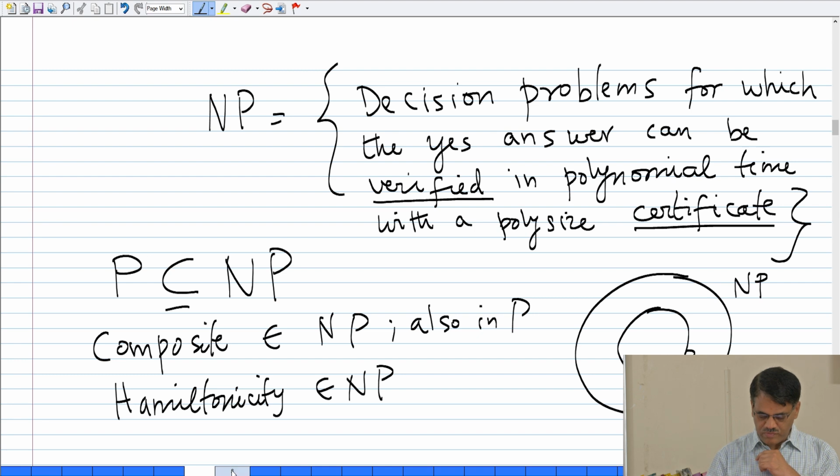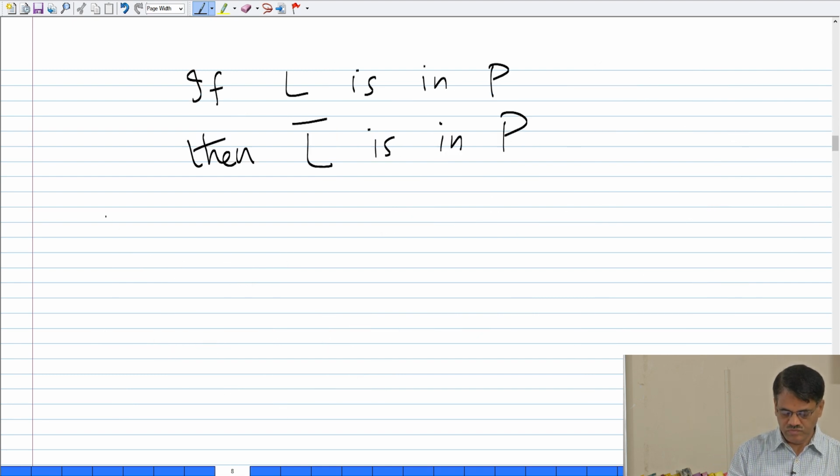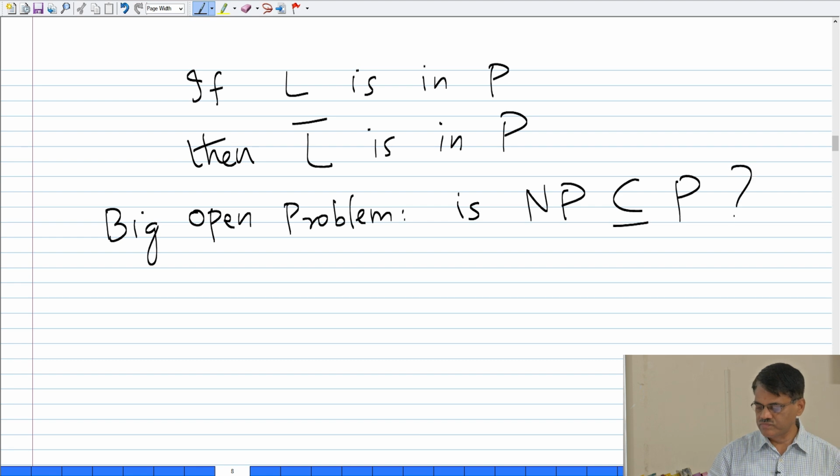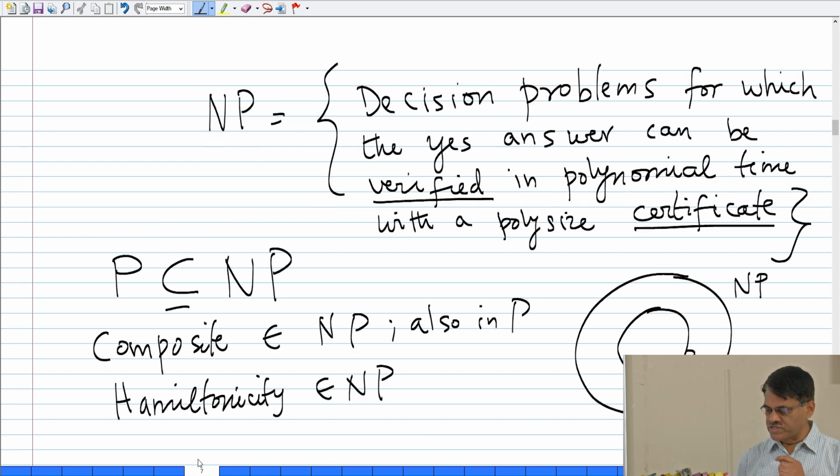So, good. Now the big open problem is the converse true, right? Is NP contained in P? Look at this picture. Every problem in P is in NP.